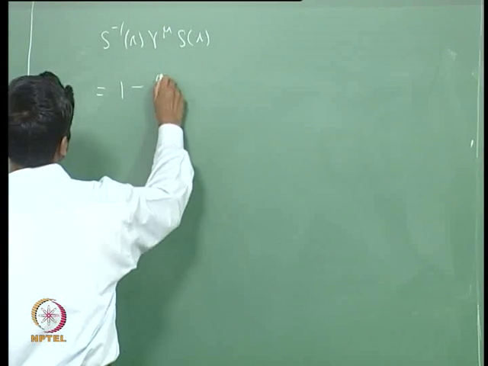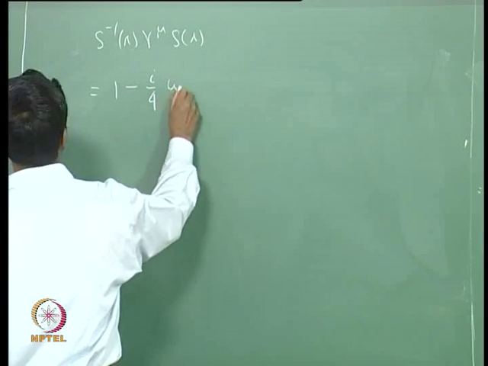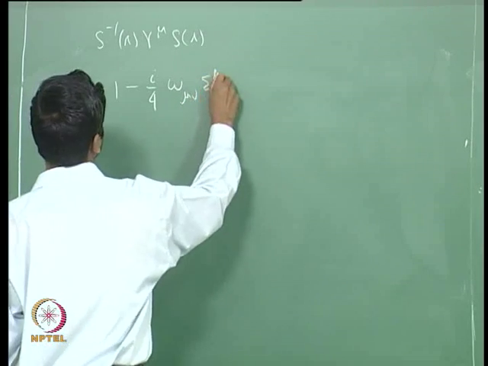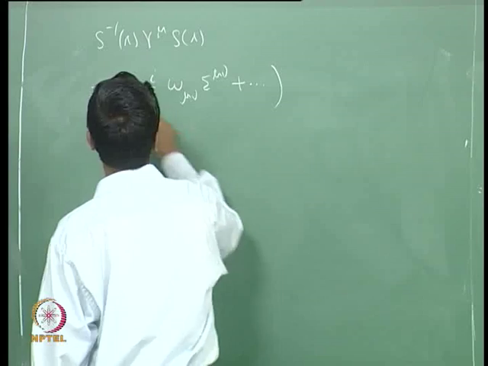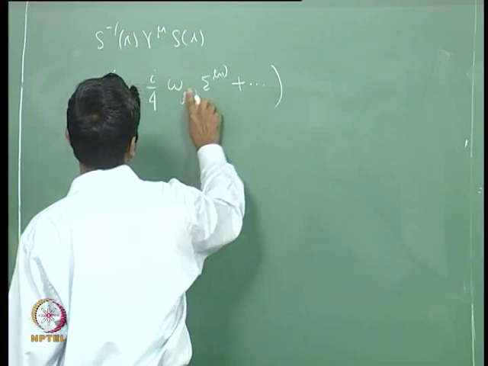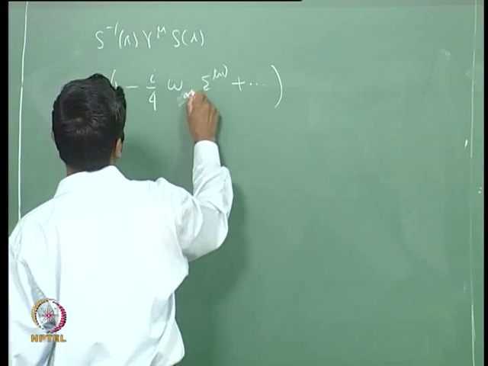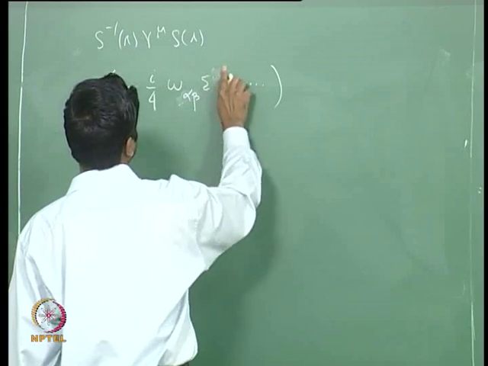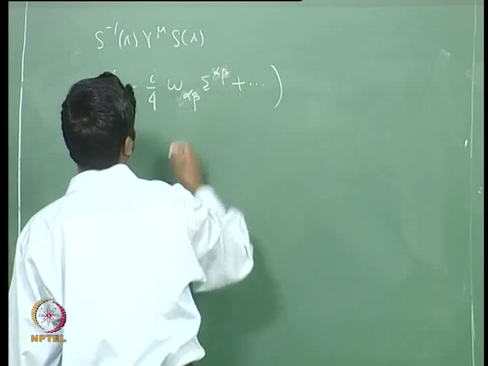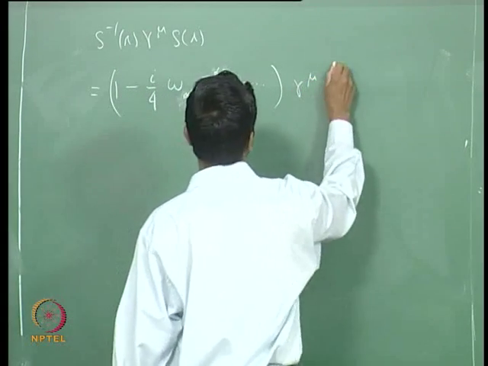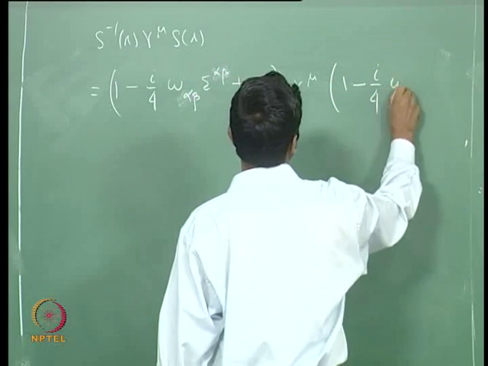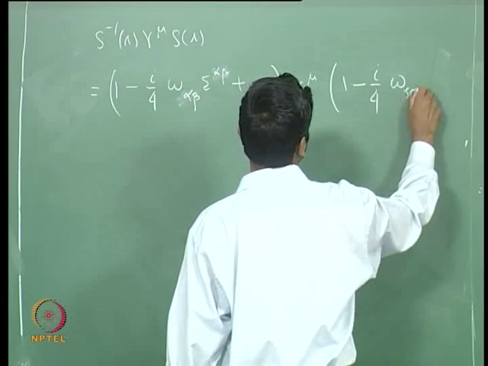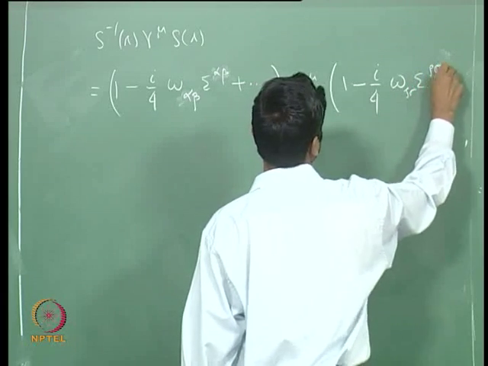by 1 minus i over 4 omega mu nu sigma mu nu. Then let me write it as alpha beta, gamma mu, and 1 minus i over 4 omega rho sigma sigma rho sigma.